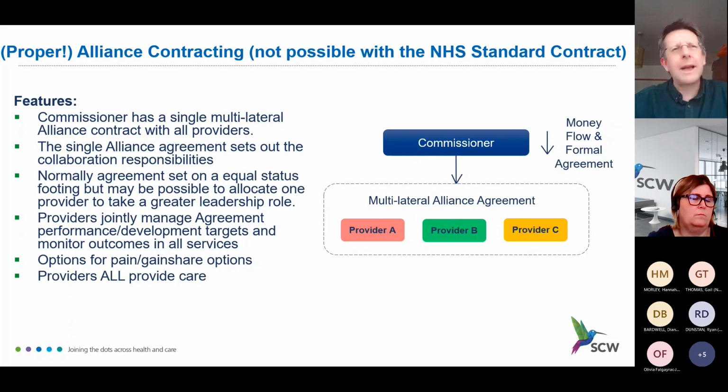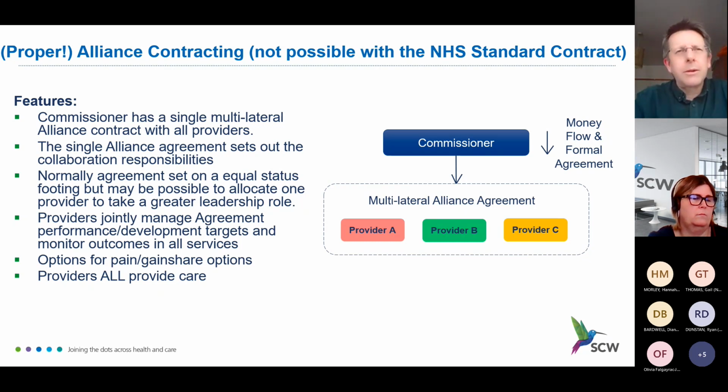If you went to a textbook and looked at alliance contracting, there is a more, well, not simpler version, but it's a formal contractual arrangement where all individual providers are much more contractually bound to individual contractual outputs across a multi-provider platform.